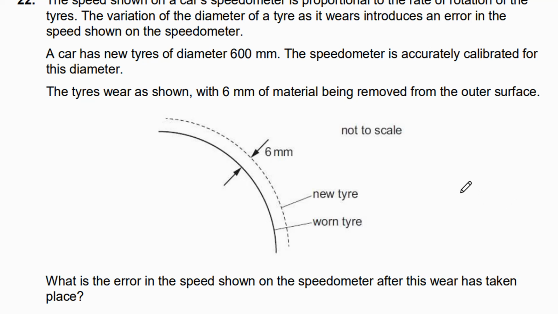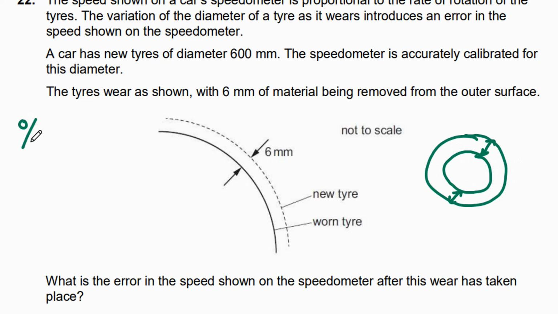Let's look at this in more detail. We know that the diameter becomes smaller and smaller, and eventually we have 6 millimeters of wear. But what's important to note, how does the diameter change? So we have to take into account that we would have 6 millimeters here as well as here. So it's actually 12 millimeters. The diameter decreases by 12 millimeters. Let's find the percentage uncertainty introduced.